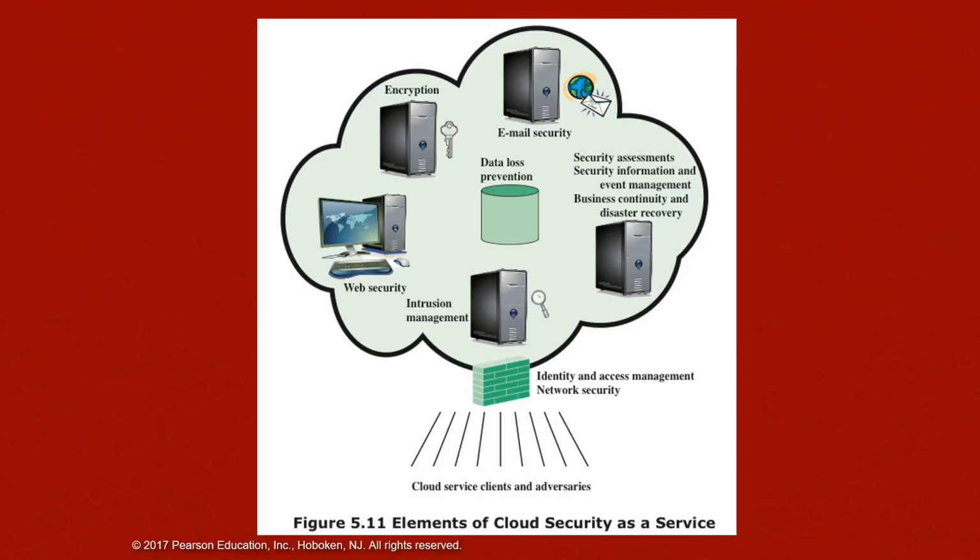Another aspect of identity management is for the cloud to participate in the federated identity management scheme, as in Chapter 4, used by the client enterprise. Among other requirements, the cloud service provider, CSP, must be able to exchange identity attributes with the enterprise's chosen identity provider.